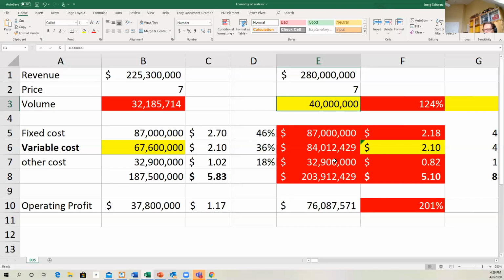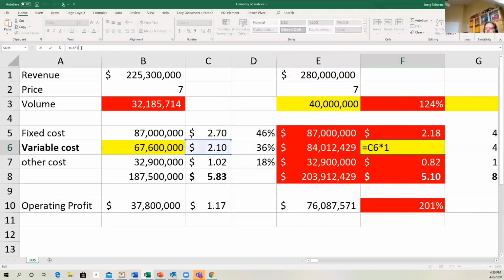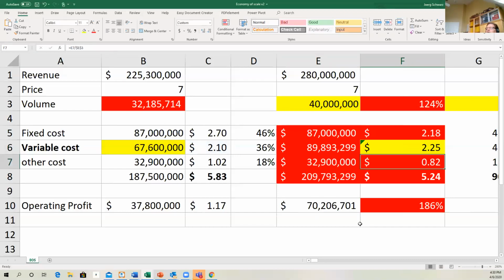And let me prove to you that that is the case. Because if I now increase the variable cost by 7%, variable cost now went from $2.10 to $2.25 to reflect the cost increase for liquid. And again, I didn't change anything else.